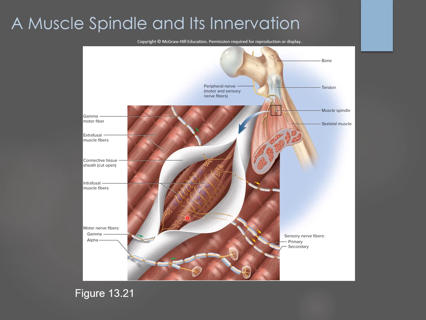So you can see that we have sensory output to let the brain know the position of those muscle fibers. And then we have motor input that is going to bring about contraction of the muscle to maintain our balance.